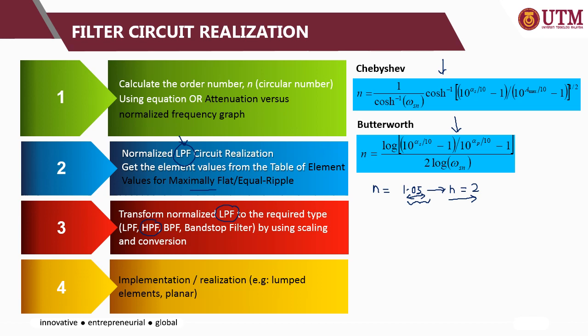Some of the components may be calculated by using specified equations so that you can get the actual values of the final circuit design. Lastly, the implementation with lumped element or planar element. This is in the next design process, in which we will cover just up to the third step. The implementation requires further analysis and also simulations.